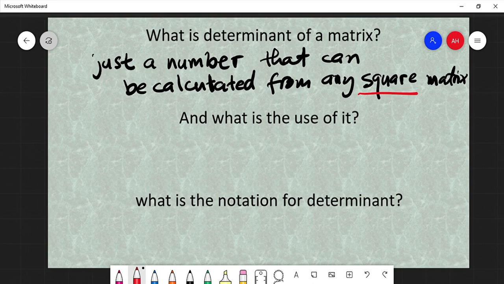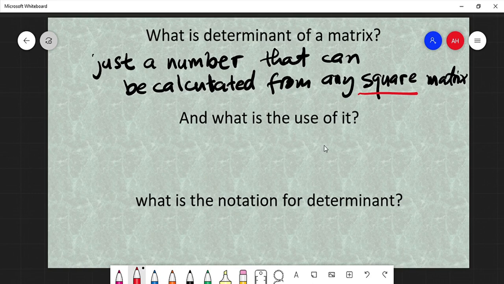If the number of rows is 2, the number of columns also must be 2. In this video, we are going to talk specifically about a very special square matrix, that is 2 by 2.